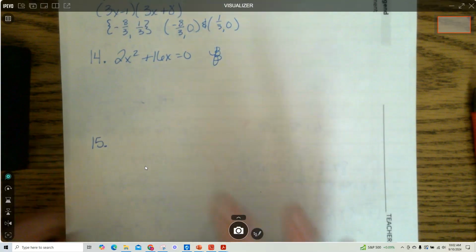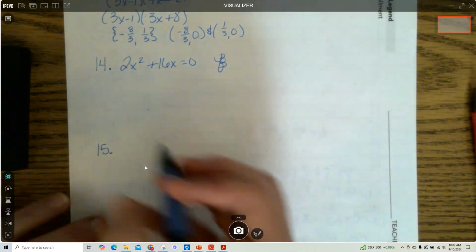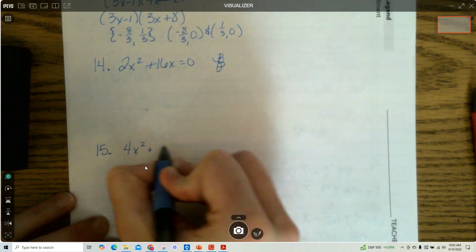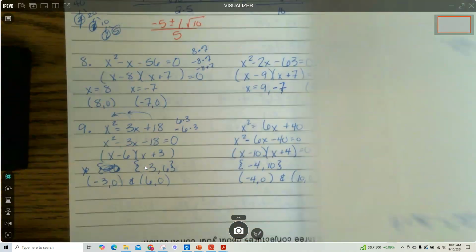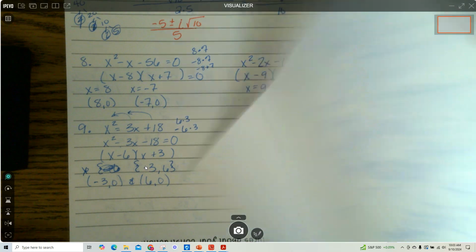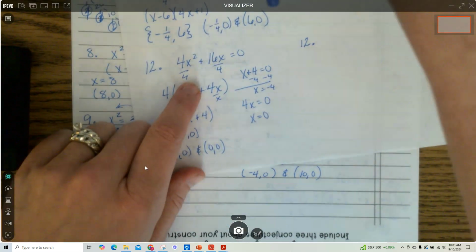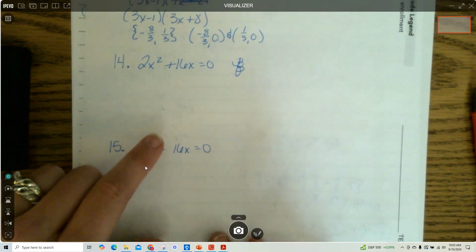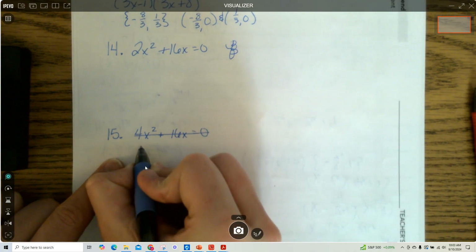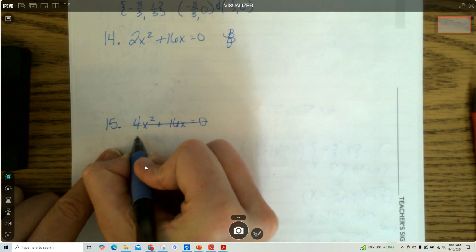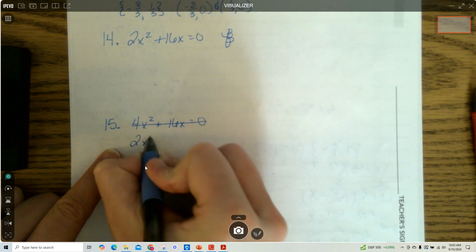Somebody different give me 15 so I can try to work a couple for everybody. 4x squared plus 16x equals 0. And just solution. Does that look right? Yeah. Okay. I did that one. That was number 12. So somebody have something different on 15? 2x squared plus 16x equals 0.